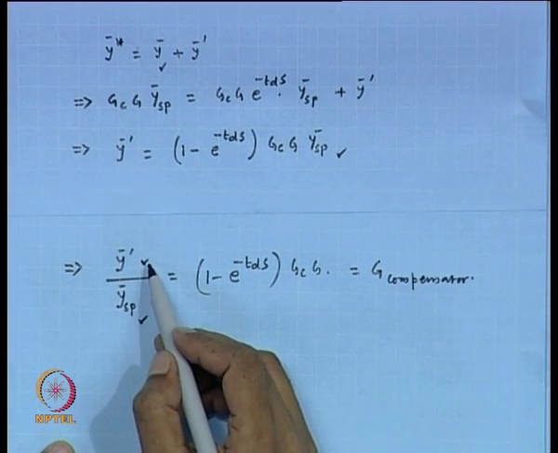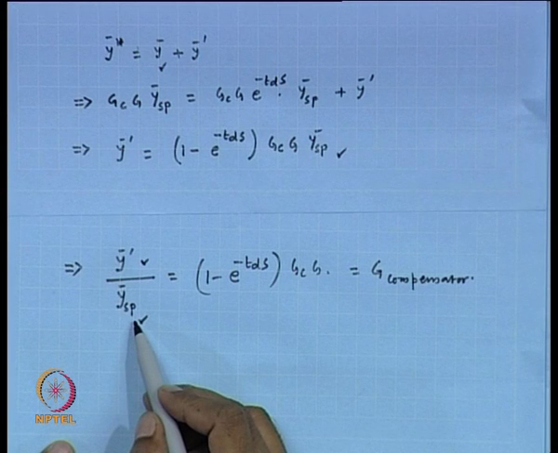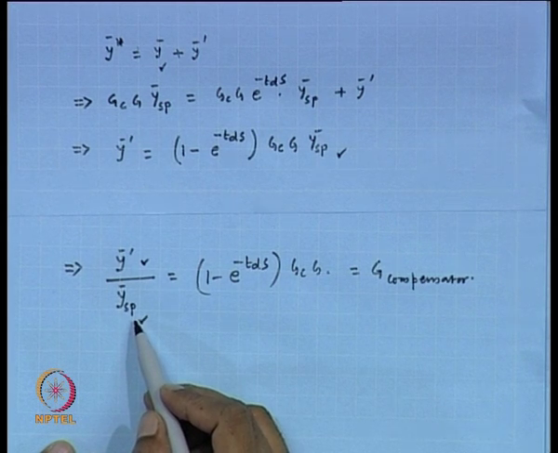Output of the compensator is y prime, input is y set point, fine.